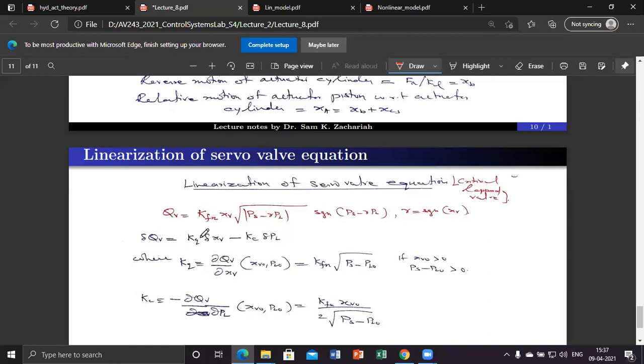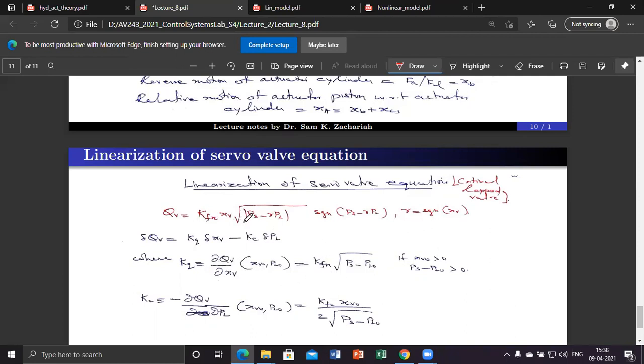Where KQ is the partial derivative of QV with respect to XV, that is, dou QV by dou XV about an operating point XV0, PL0. If you differentiate, here it is actually a linear relationship, so you get KFN into square root of PS minus PL0.